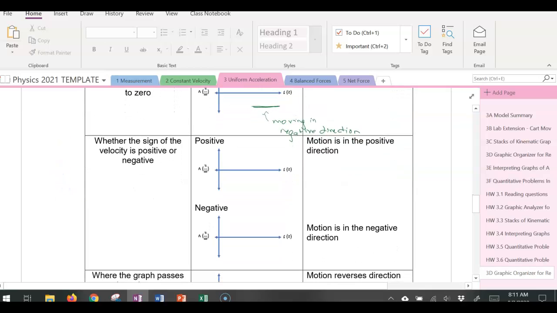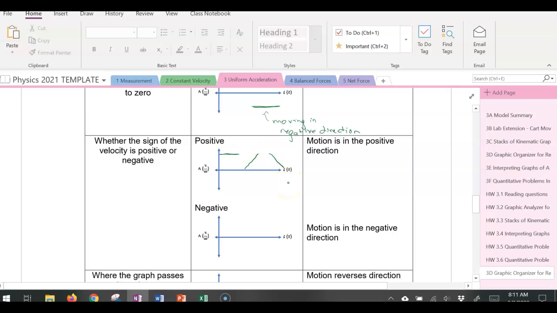And these two are kind of related. Whether the sign of the velocity is positive or negative, the sign of the velocity tells you the direction of motion. So if the sign is positive, and it might be at some constant value, or it might be speeding up, or it might be slowing down.